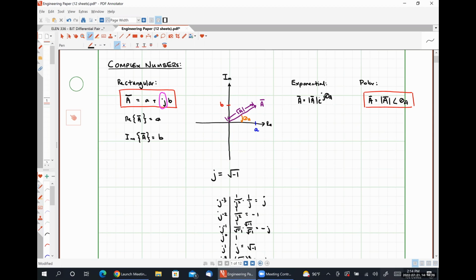So for example, let's talk about how we could express the exponential or polar form in terms of the rectangular portions, right? So the magnitude of the complex number, A, and this is true for both the polar and exponential form, is simply the square root of the real part of the complex number squared plus the imaginary part of the complex number squared.